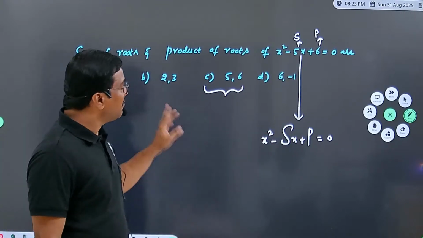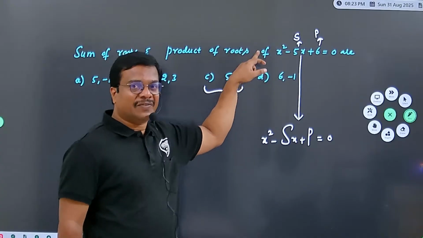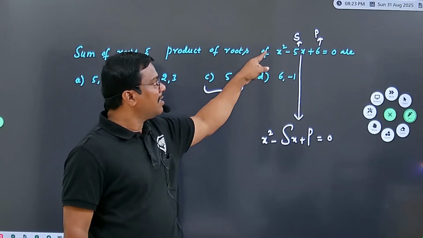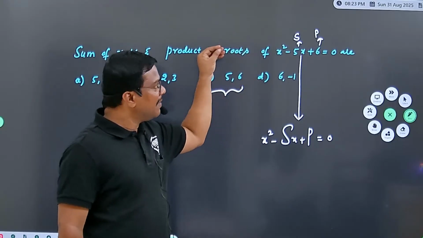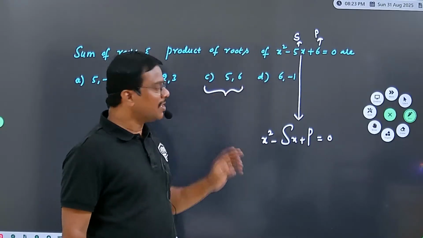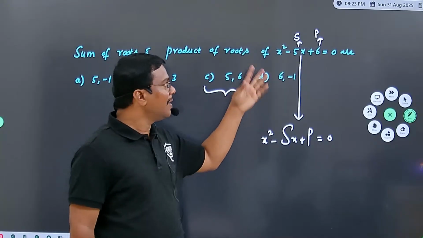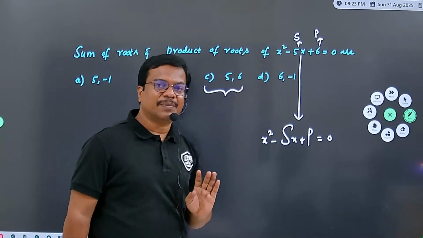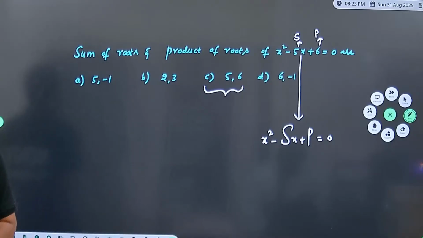If the coefficient of x square is some other number, suppose 3, divide by 3, make the coefficient of x square unity, and then compare. You will get the sum of roots as well as the product of roots. Next, we go for another question.